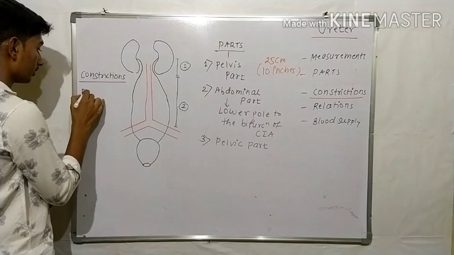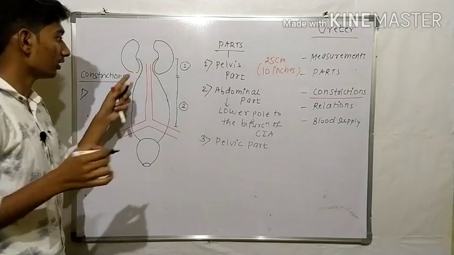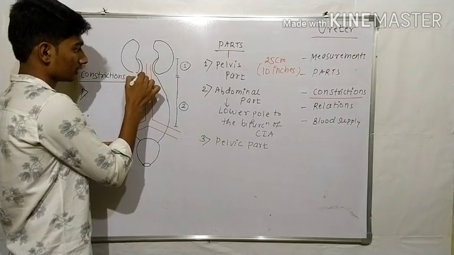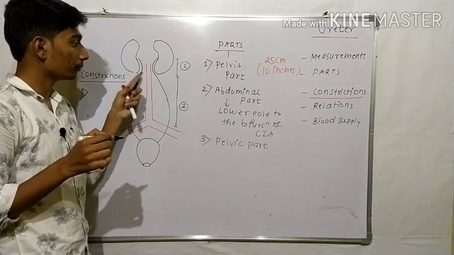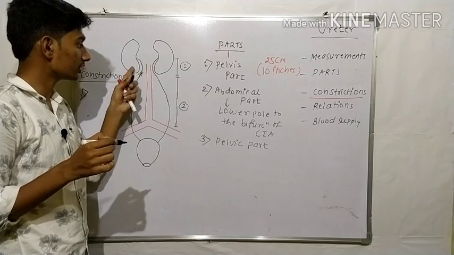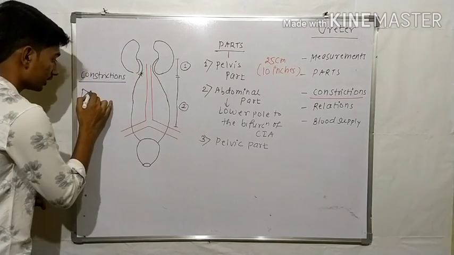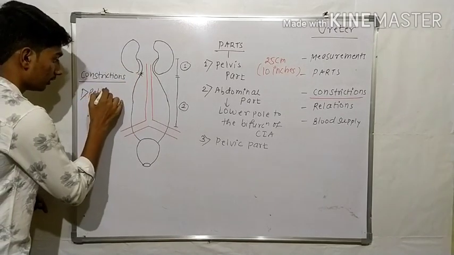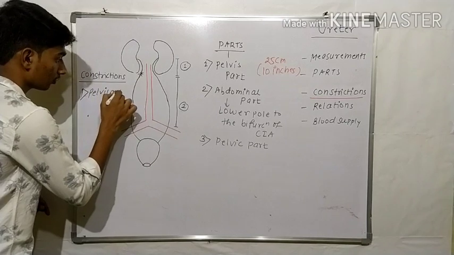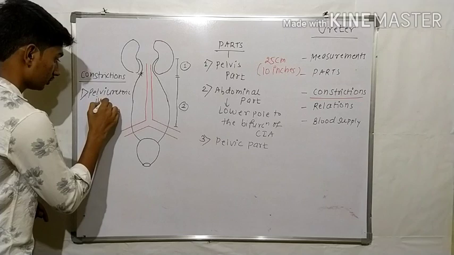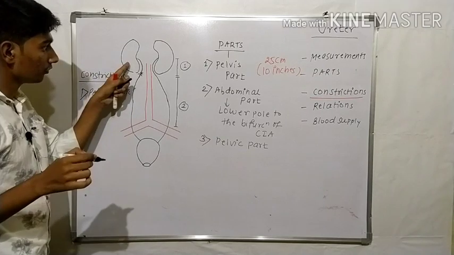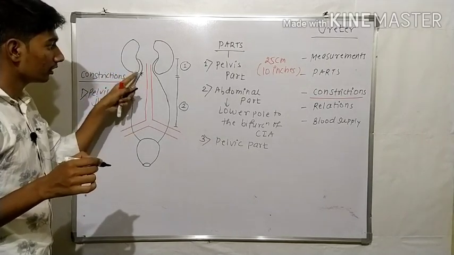First constriction is at the pelviureteric junction, at the junction of pelvis and ureter.